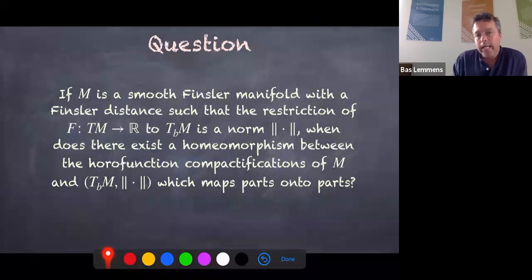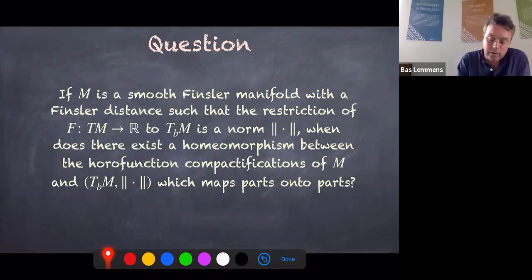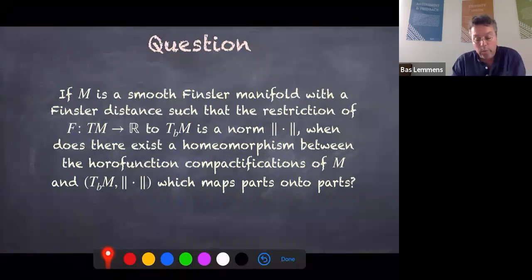Of course you can ask, when is it the case that if you have a smooth Finsler manifold, and suppose you have that the tangent space at the base point B is a norm, when is there a homeomorphism between the two Horo function compactifications?